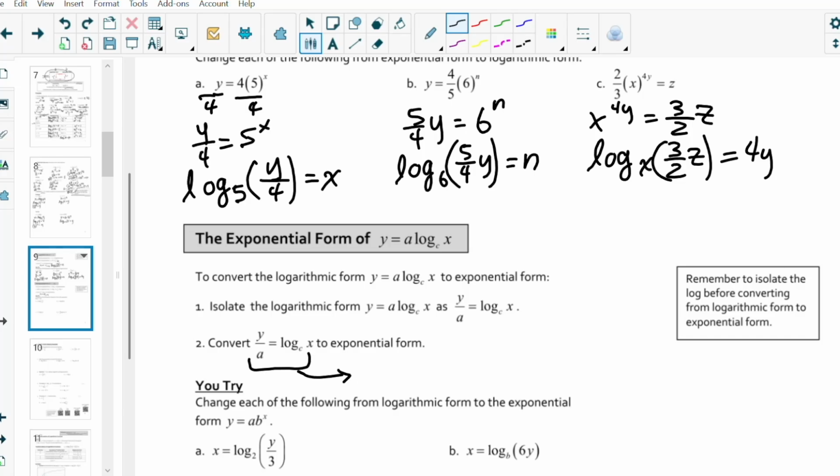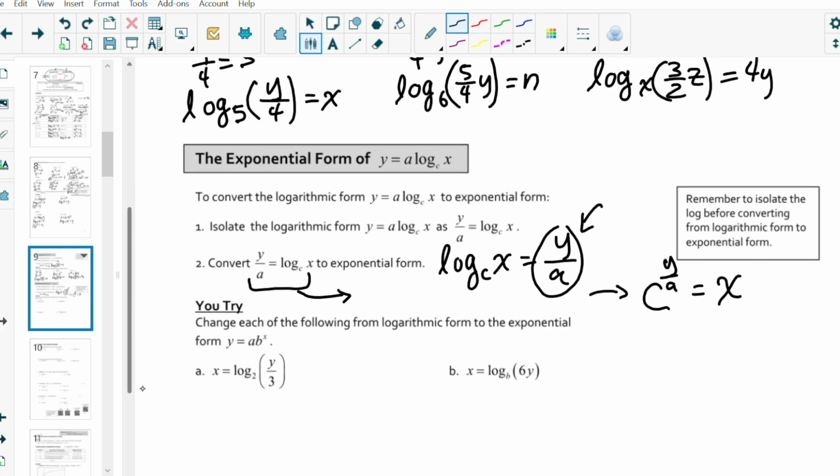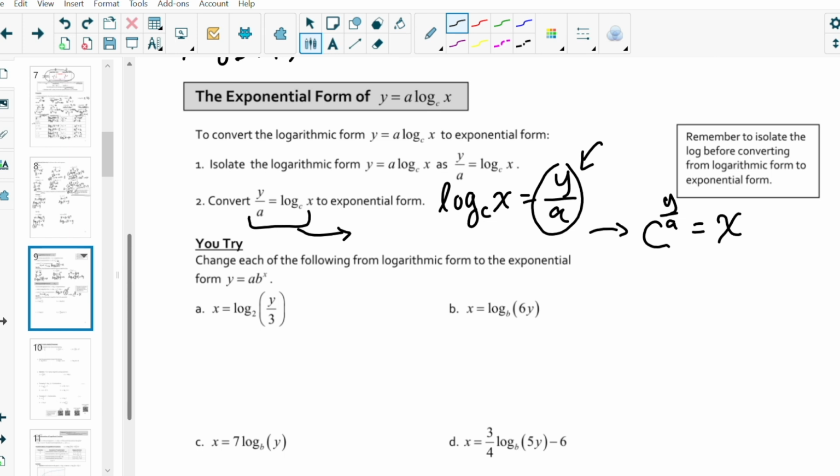So in this case, I'm going to rewrite it like this. Log base c of x equals y over a. Okay, what's the base? Base is c. What's my exponent right here? Y over a. And the result there is the argument x.